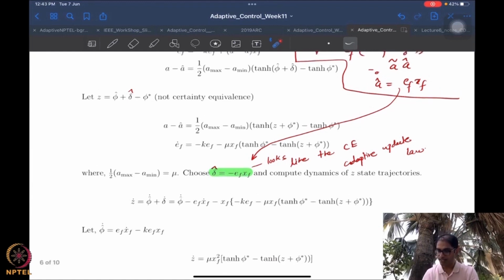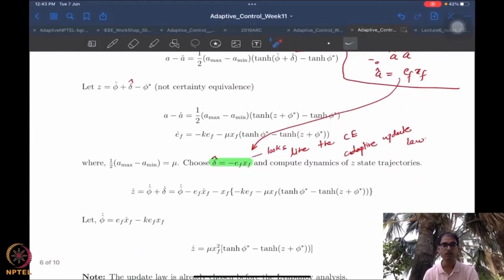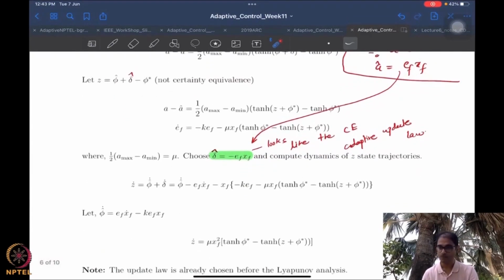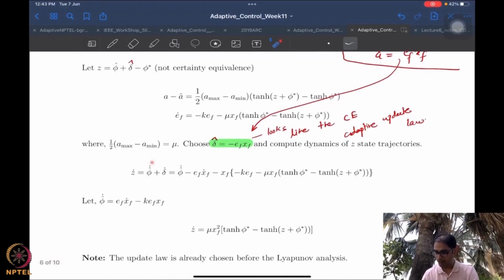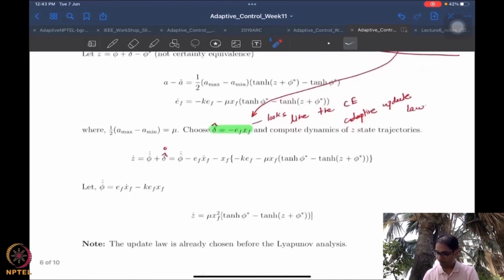And z dot is just phi hat dot plus delta hat dot. This phi star is a constant, of course, unknown but still a constant. So phi hat dot remains as it is, and then you compute delta hat dot. So phi hat dot is as it is, and then delta hat dot is minus ef xf dot minus xf ef dot, which is this whole thing.